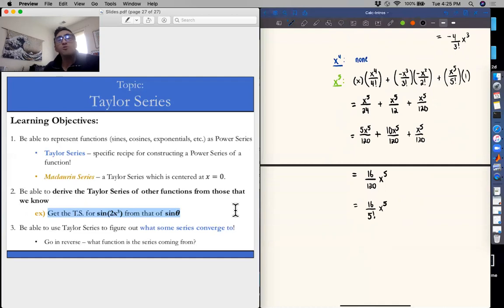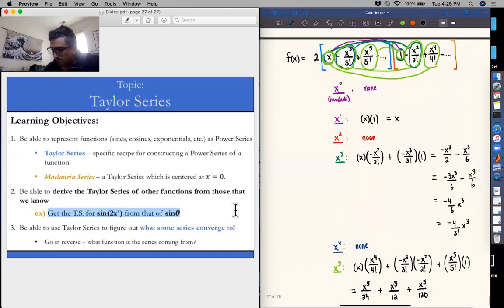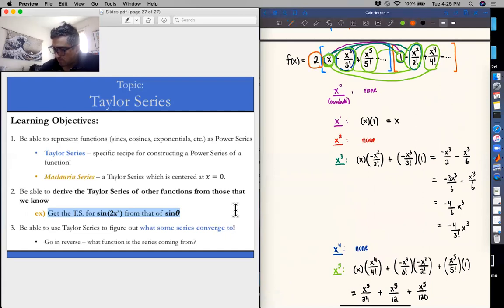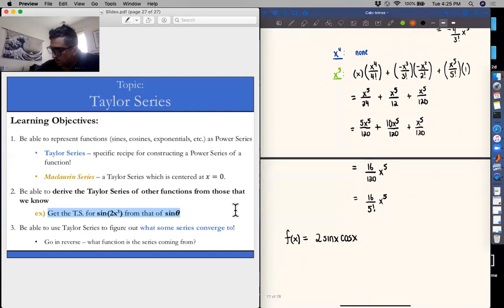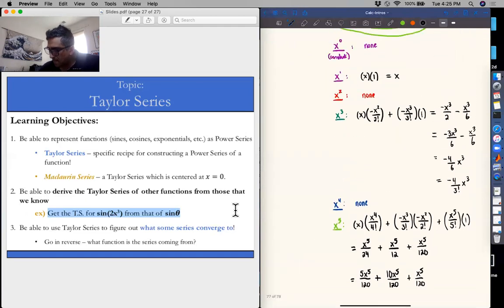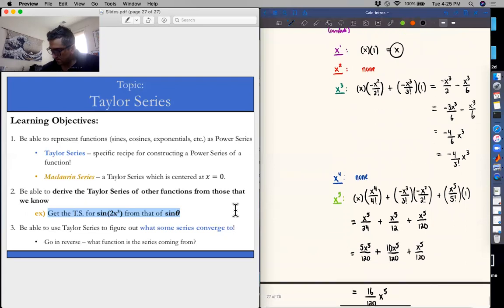So let's write our resulting Taylor series for 2 times sine times cosine. And remember, we found the first 3 non-zero terms. So the last thing we really need to do is, since we just looked at the product of sine of x times cosine of x, we've kind of ignored this factor of 2 in front here. What we really found so far was that this is equal to this factor of 2, and then times all of the terms that we found were non-zero. So the first term being just that x.